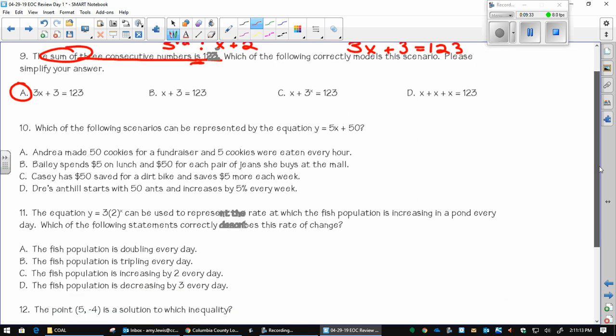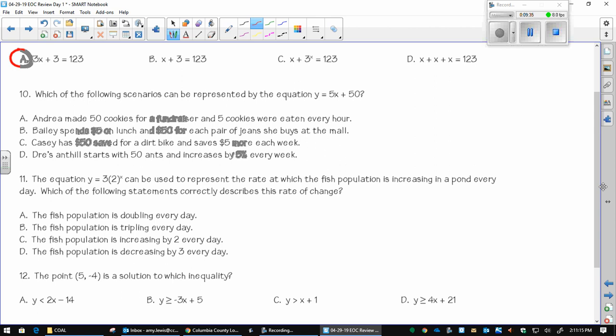Okay, which of the following scenarios can be represented by the equation y equals 5x plus 50? I want you to remember this is in the form of y equals mx plus b, where m is our slope, and another word for slope, remember, is rate of change. So our rate of change here is going to be 5. We're changing by 5.